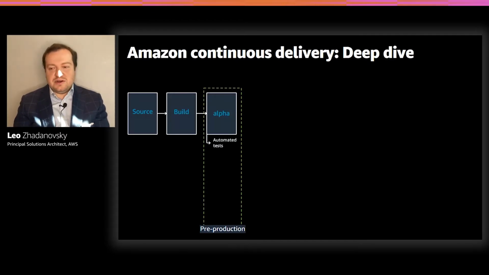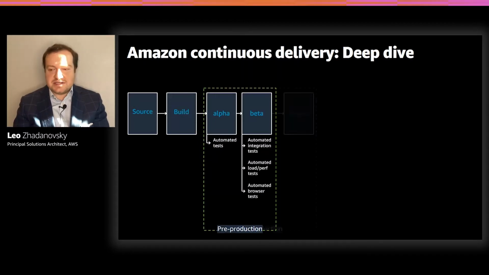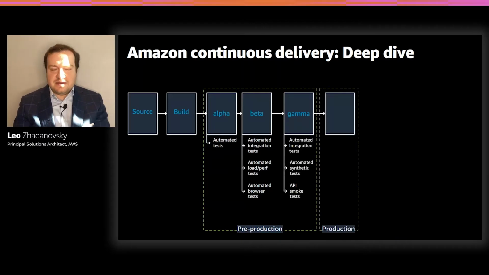Here you do automated tests, and if those pass, you go to the beta environment, where you do automated integration tests, performance tests, and browser tests. Then you go to a gamma environment, where you do more integration tests, some synthetic tests, and some API smoke tests. And then you go to your production deploy.